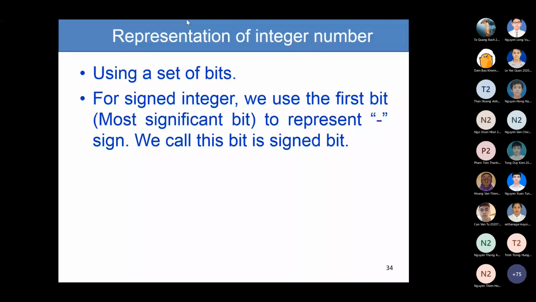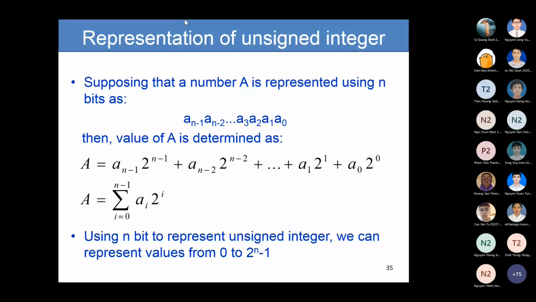Okay, so the same as how to convert a number from the decimal system into the binary system, there are 2 ways. The first one, given a number in the decimal system, we can represent it by converting this number from the decimal system into the binary system. We have a formula already.